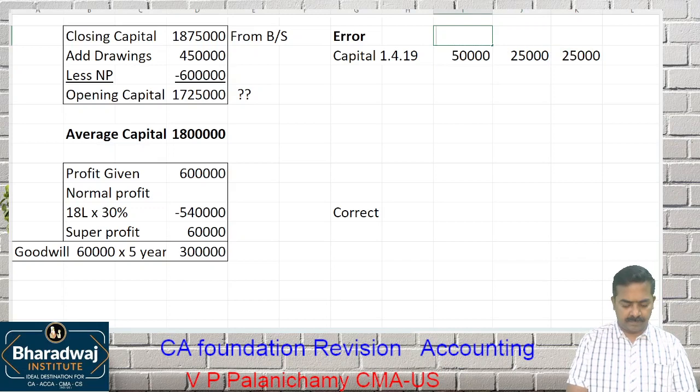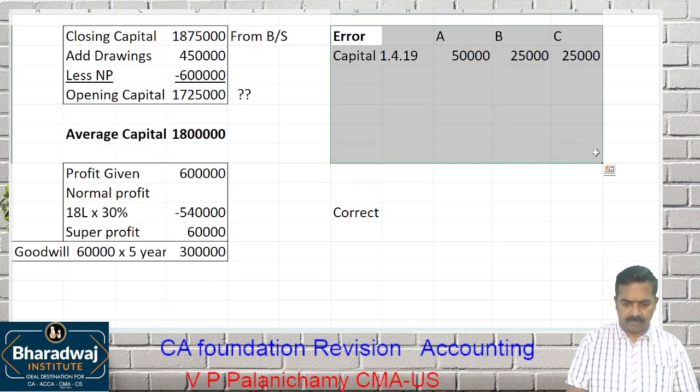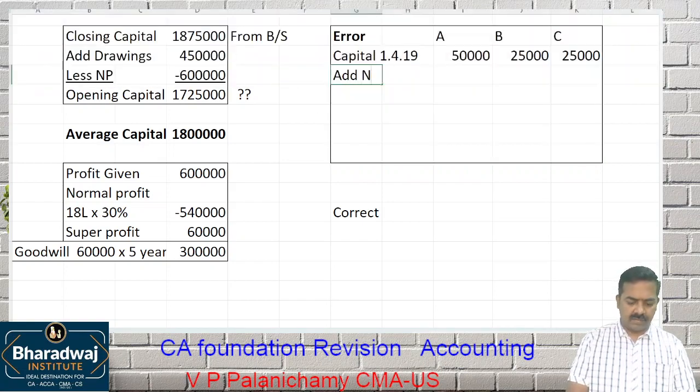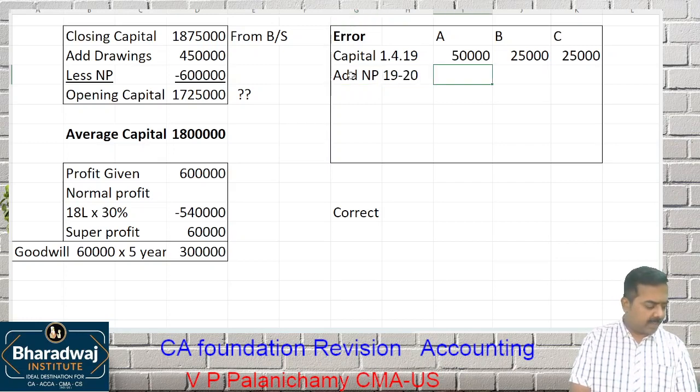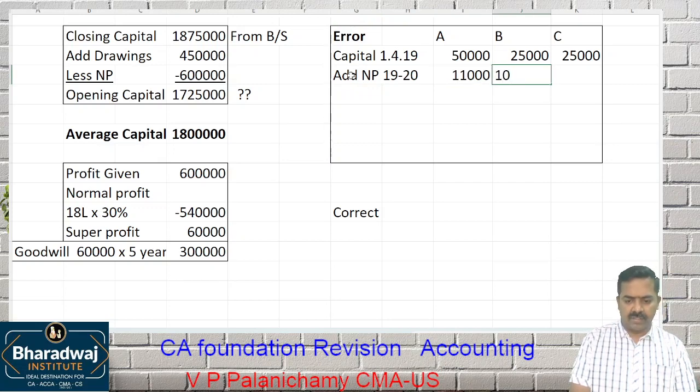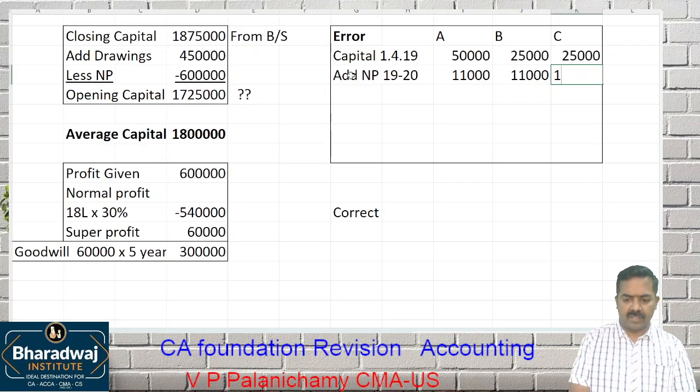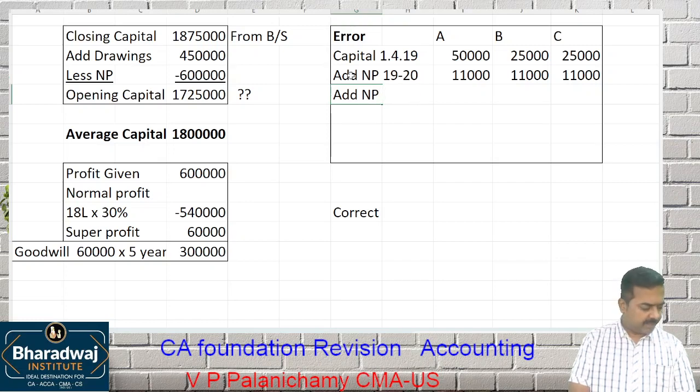A, B, and C. Add net profit of 1920. Net profit of 1920 has been divided equally. 11,000, 11,000, 11,000, like that they divided. Add net profit of which year? Current year 2021 also divided like that equally.